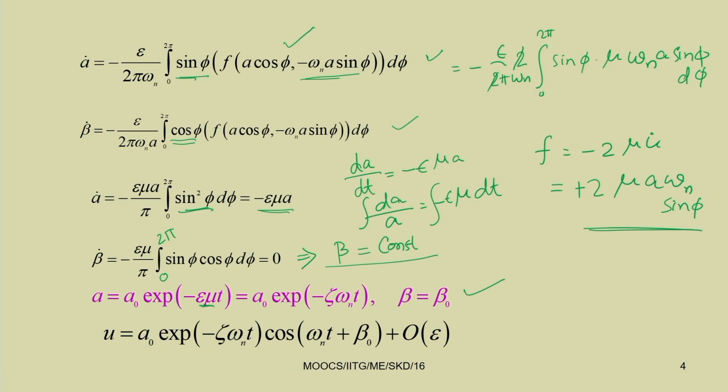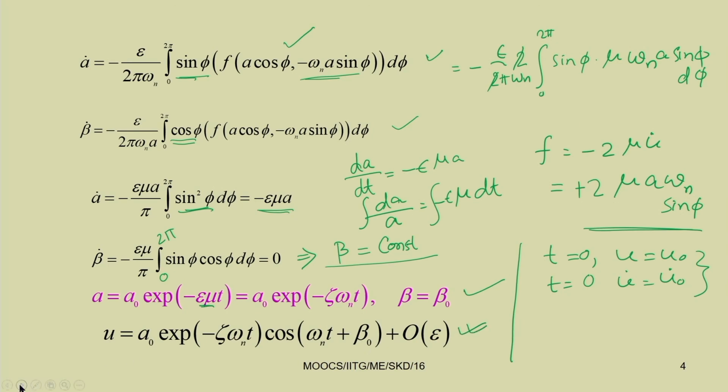Now, by applying the initial condition, for example at t equal to 0, u equal to u 0 and u dot equal to u 0 dot, we can substitute it in this equation and its derivative.